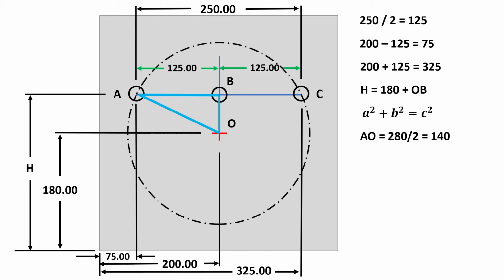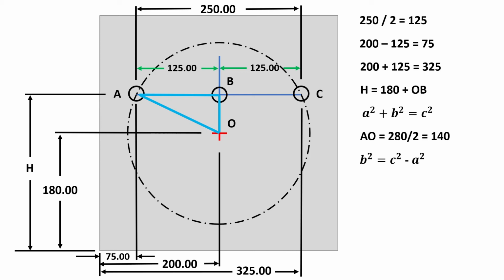Remember, the diameter is 280. Divided by 2, then AO is equal to 140. And we already know that AB is equal to 125. So to solve OB, the formula looks like this.